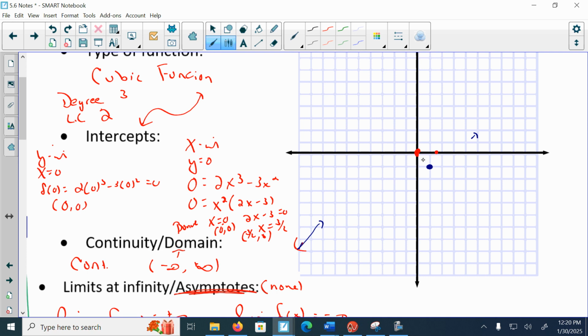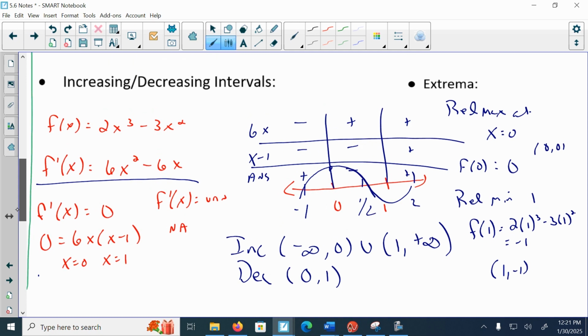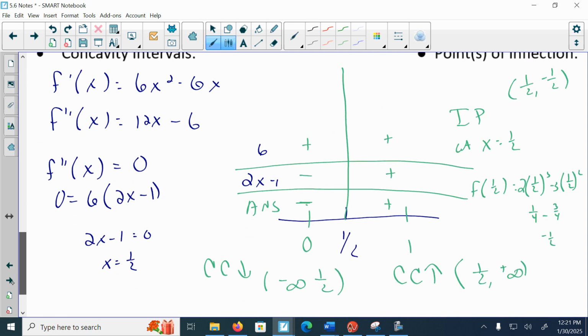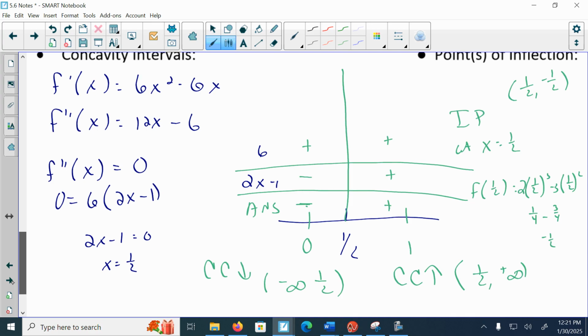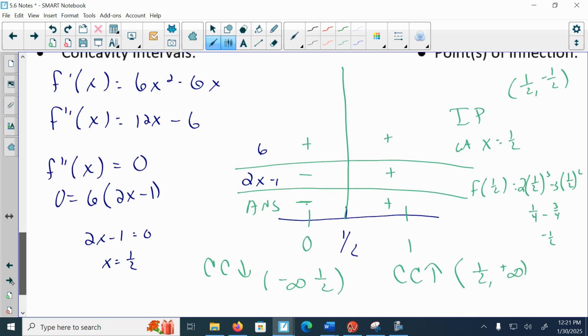So if I remember, I'm increasing from negative infinity to 0, and at that time I'm concaving down from 0 to 1 half.